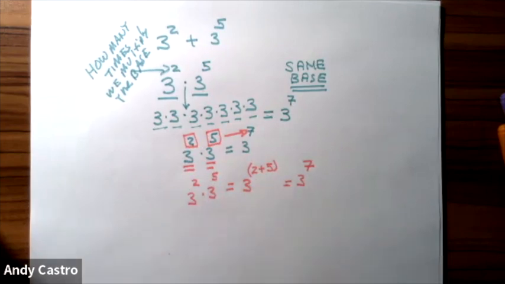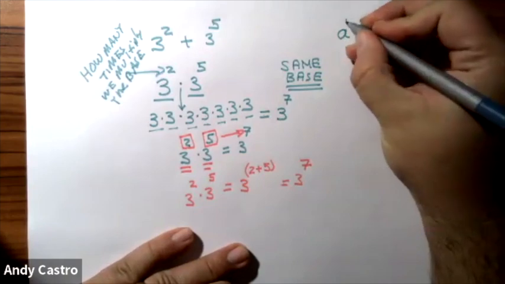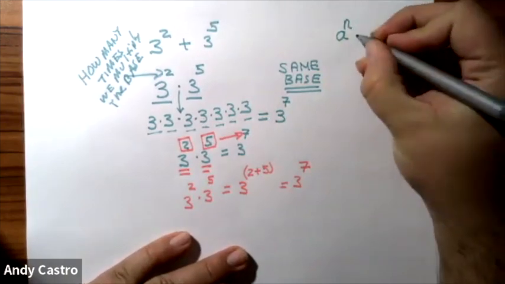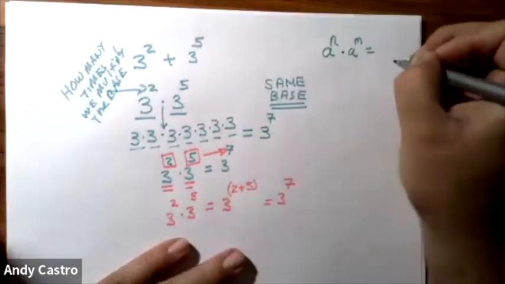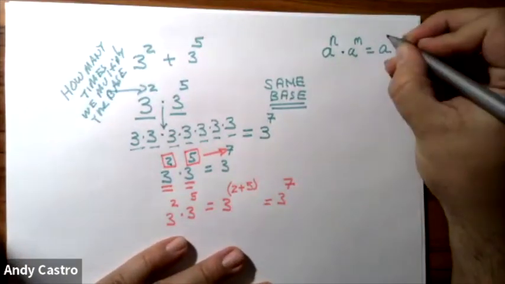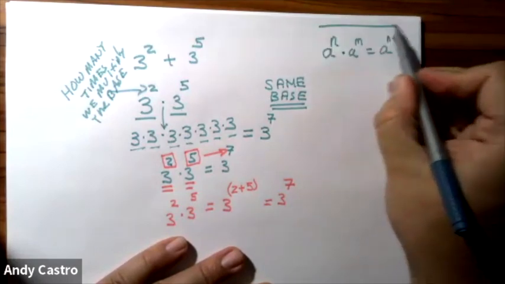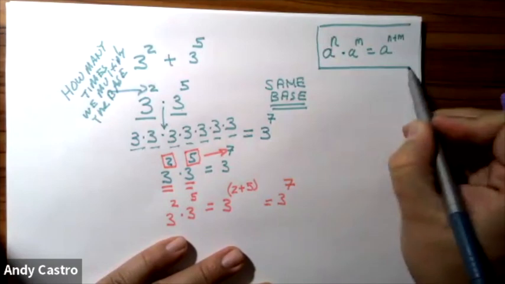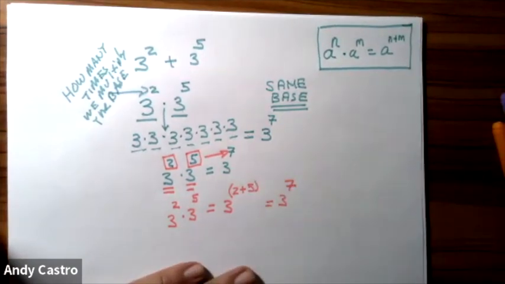Here's your first rule: a to the n power times a to the m power is a to the n plus m. That is rule number 1, or the first property of exponents.